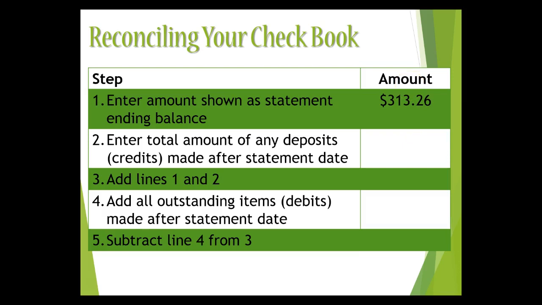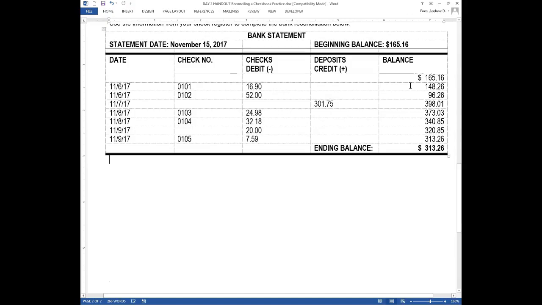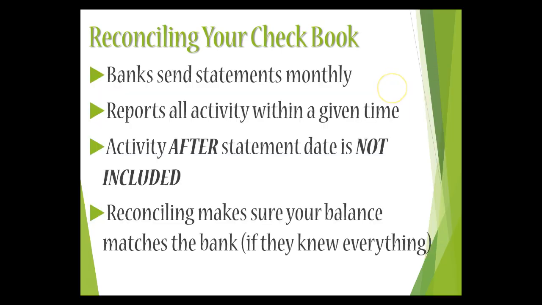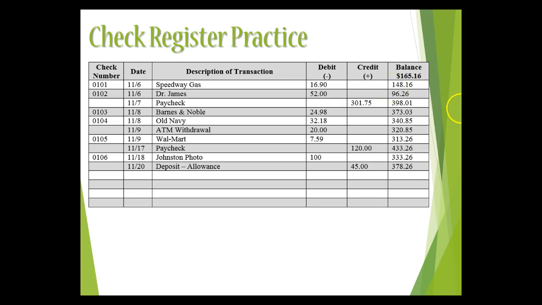We would then add up all of the deposits that we've made since the statement date. So since November 15th, how many deposits have we put into our account? And if we go back to our check register, we see that we've made two deposits, one for $120 and one for $45.